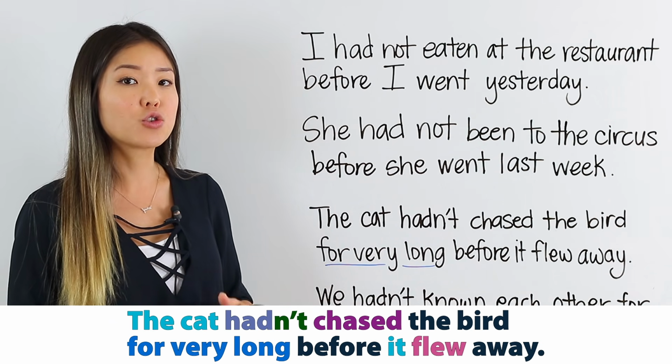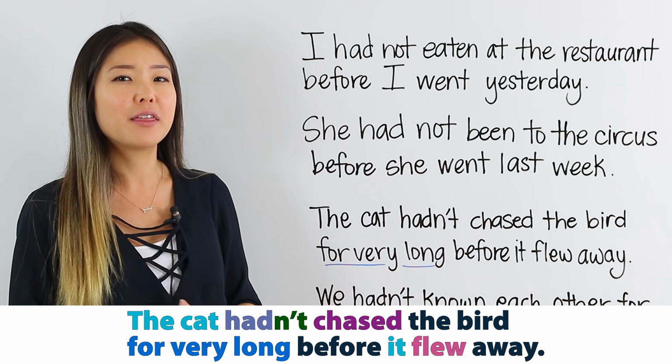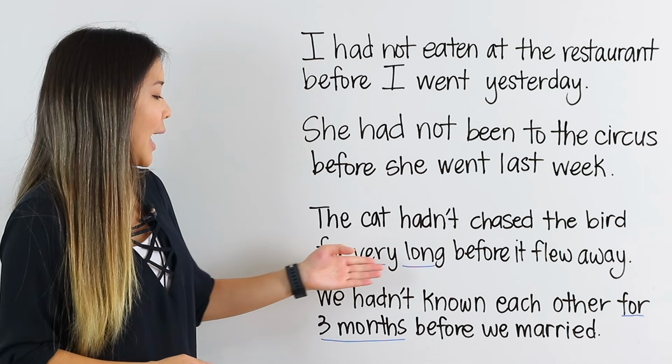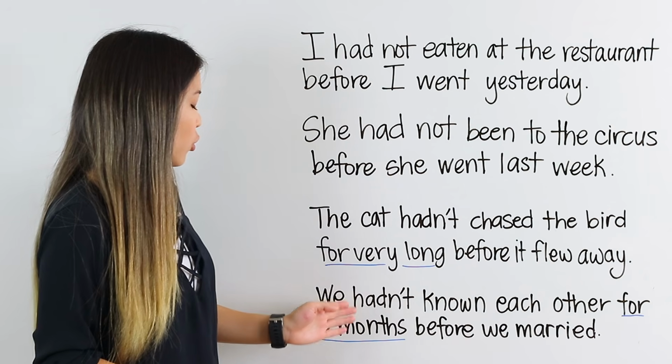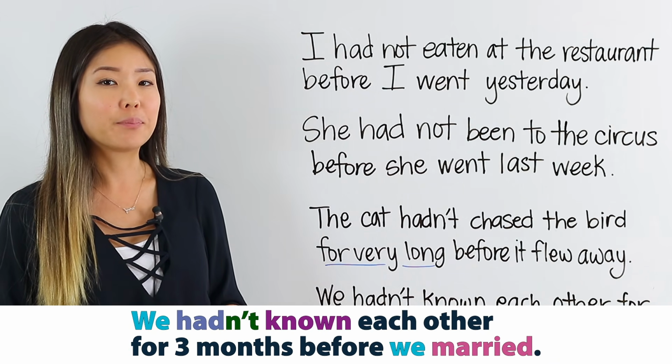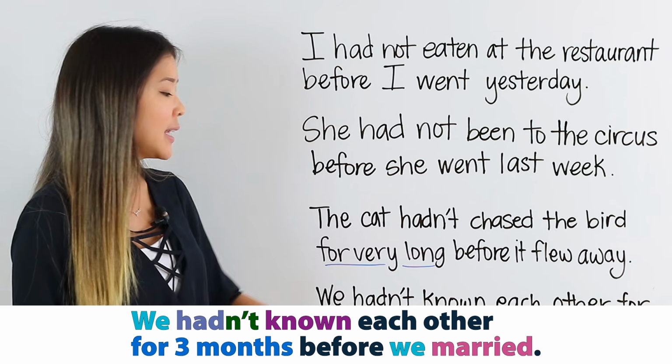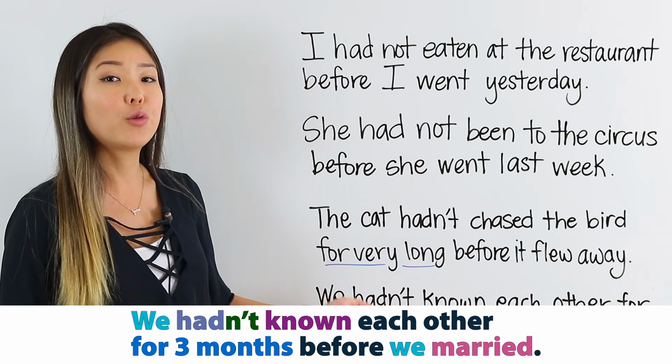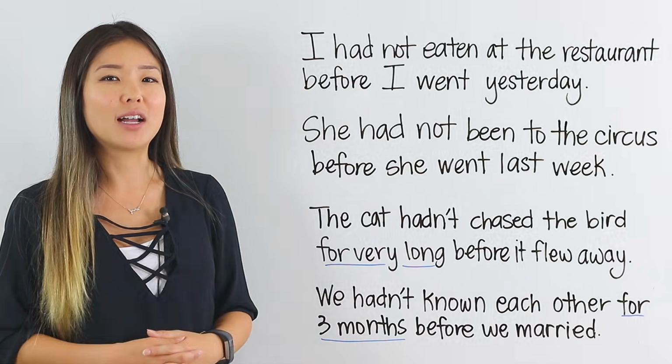In this case, the contraction hadn't is already there for you. We hadn't known each other for 3 months before we married. That's a pretty short time. It shows the duration by saying for, how long? 3 months. Let's move on.